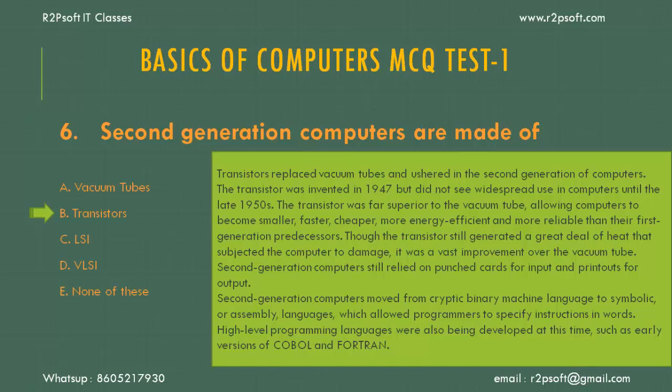Second generation computers still relied on punched cards for input and printouts for output. Second generation computers moved from cryptic binary machine language to symbolic or assembly languages, which allowed programmers to specify instructions in words.